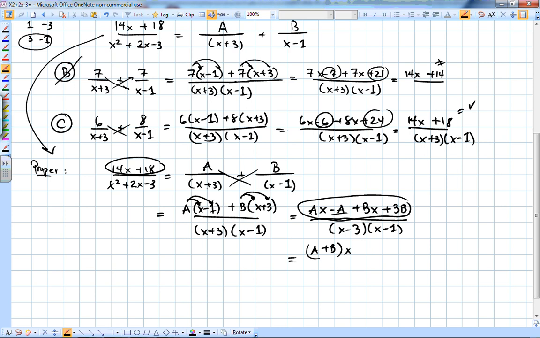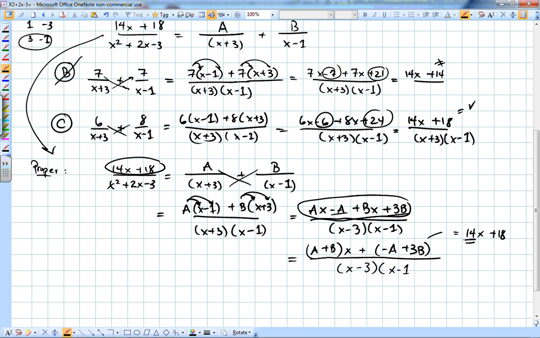And then this negative a and the positive 3b, you can go ahead and combine it in a parentheses if you'd like. But that's just to indicate that that's going to be the constants. All of this is over x plus 3 and x minus 1. Now recall that this numerator should be equal to 14x plus 18.